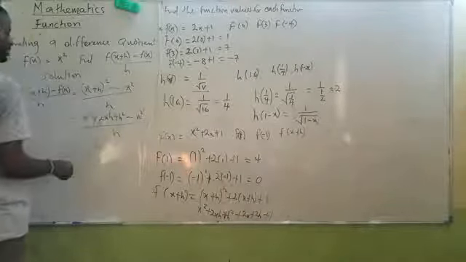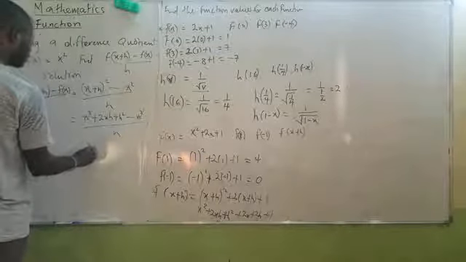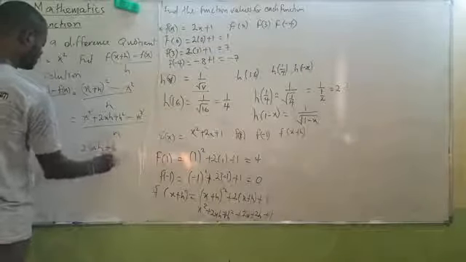This will cancel this, and I'm left with 2xh plus h squared divided by h.